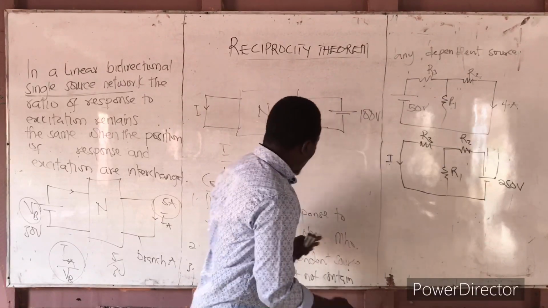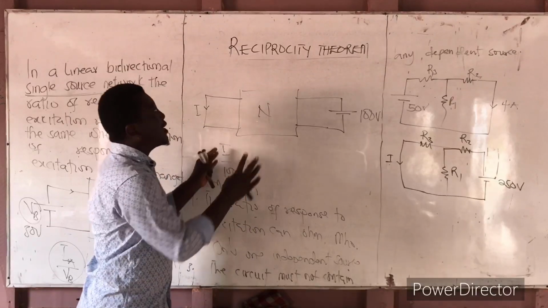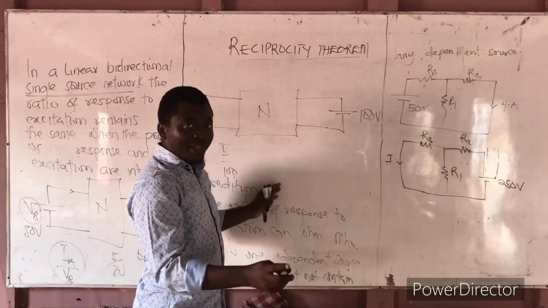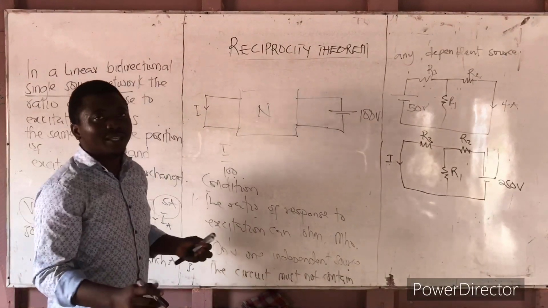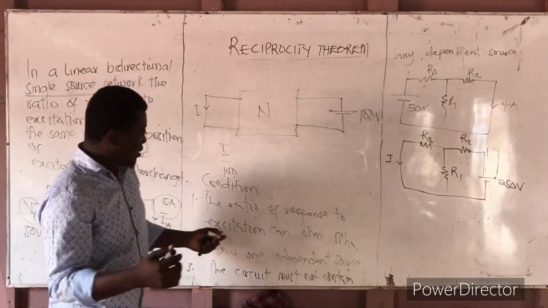But first, just consider the conditions. Is the reciprocity theorem being obeyed? If it is, we can just use reciprocity to solve this question within a minute. So let's see.